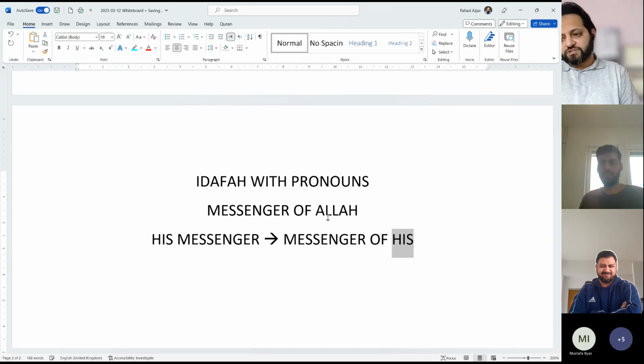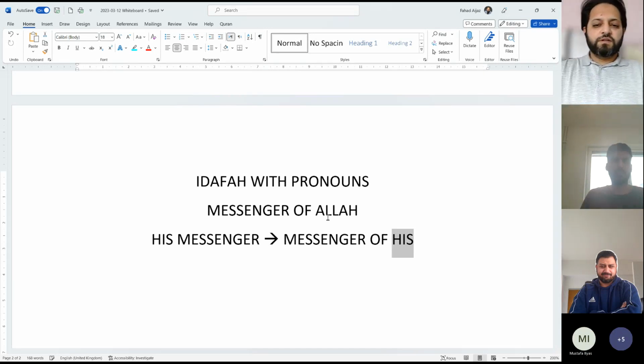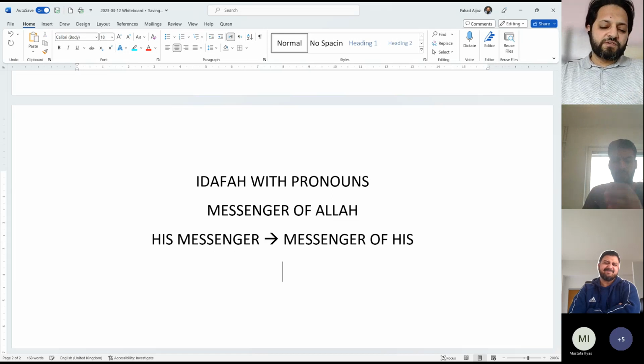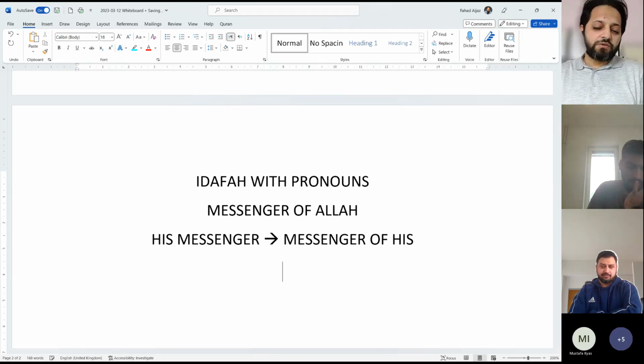To understand that his is jar, right? So this type of idafa construction is the idafa with pronouns, and this construction takes place with attached pronouns, only and only attached pronouns. Okay? And that's what we are going to do, inshallah.